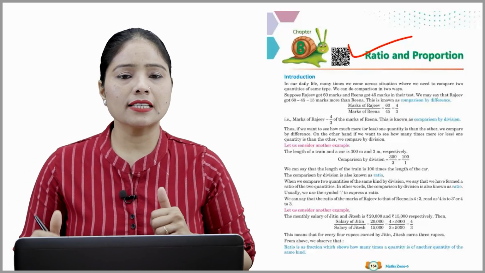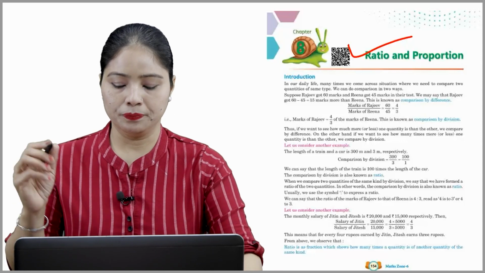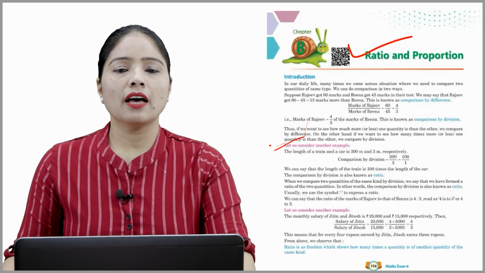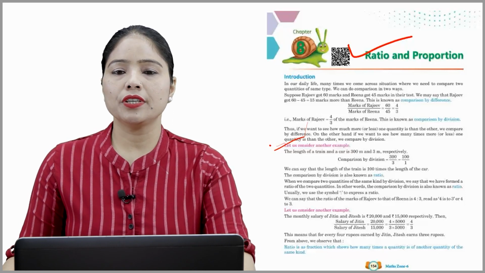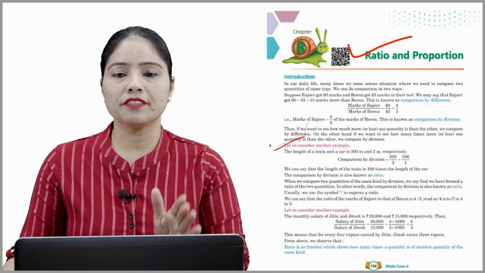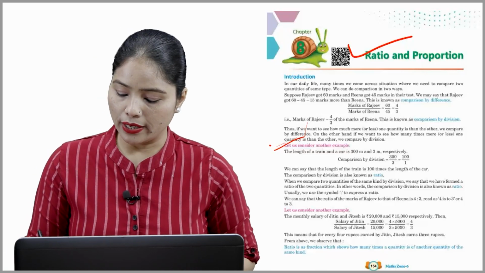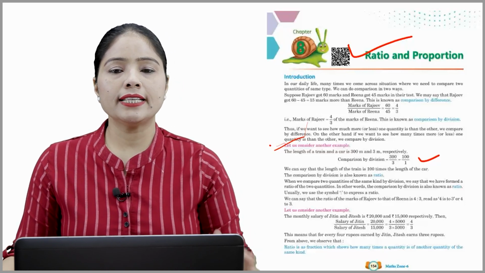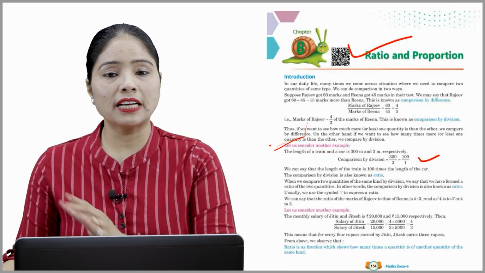Okay, let's consider another example. The length of a train and a car is 300 meters and 3 meters respectively. Comparison by division: 300 divided by 3 is 100 by 1. We can say that the length of the train is 100 times the length of the car.